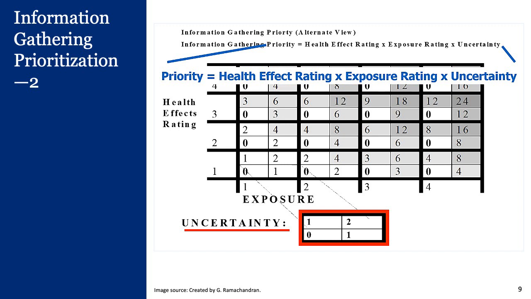And so now for each cell, we have 4 subcells. And again, we multiply this out. So the information gathering priority is a product of the health effect rating, the exposure rating, and the uncertainty rating.